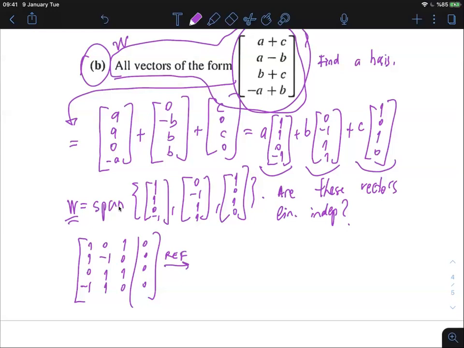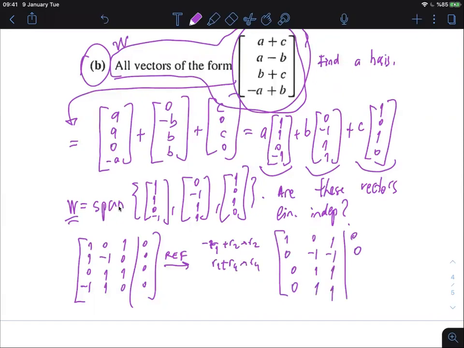So if we do that, what do we get? So how do we take this into row echelon form? So we use these operations, minus row 1 plus row 2 to row 2, and row 1 plus row 4 to row 4. That will give us 1, 0, 1. 0 minus 1 minus 1, right? 0 and 0, 1, 1. And this is 0, 1, 1. Okay, now we can use the second line to make the other lines equal to 0.